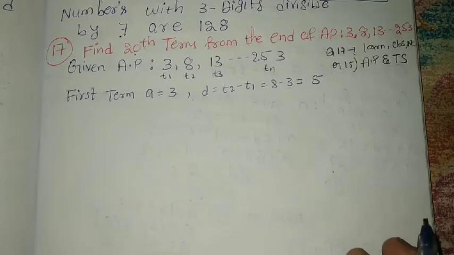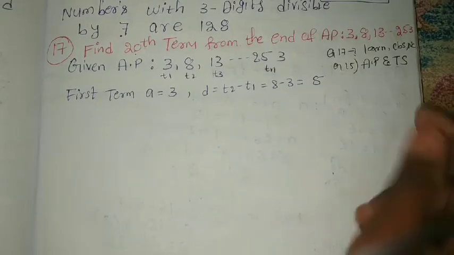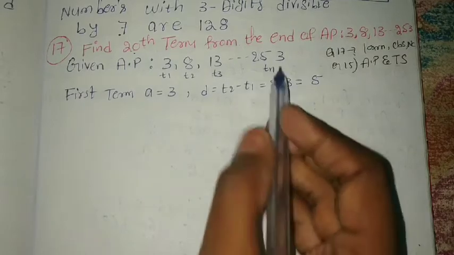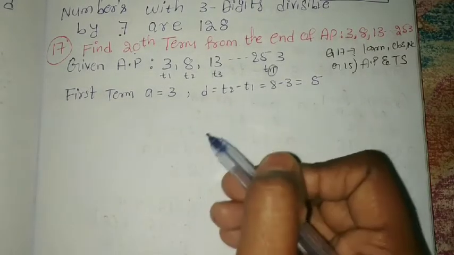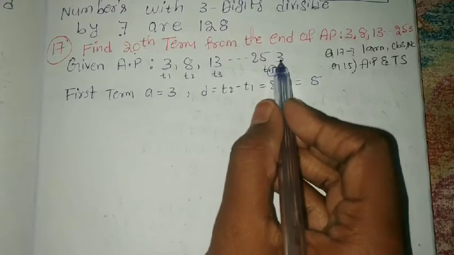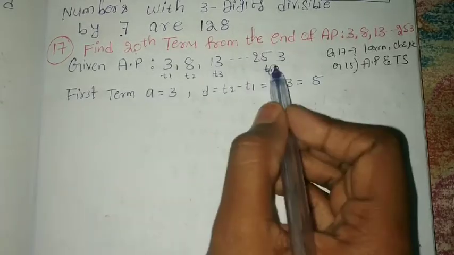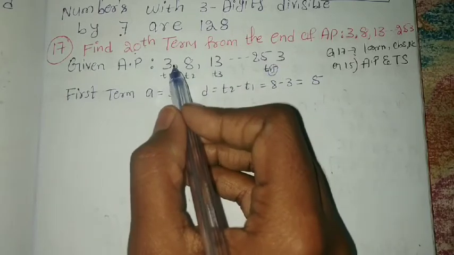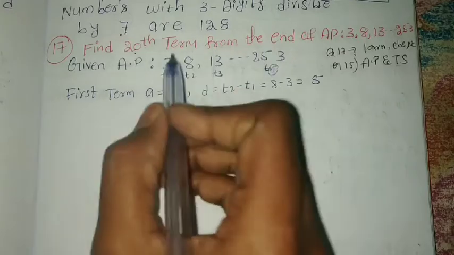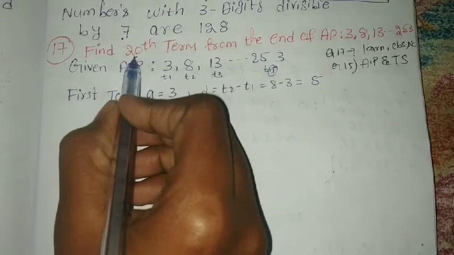How can you solve it? First of all, we need to know how many terms we have in this arithmetic progression. That means we need to find n. Already they have given Tn, that is the nth term, which is 253. But we need to know how many terms we have. Number of terms we need to find, then we can find T20.